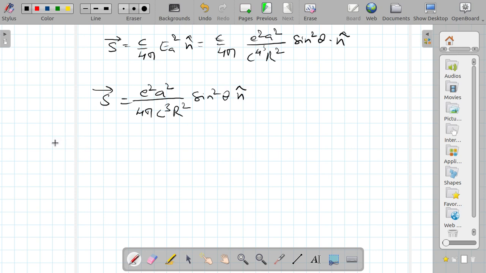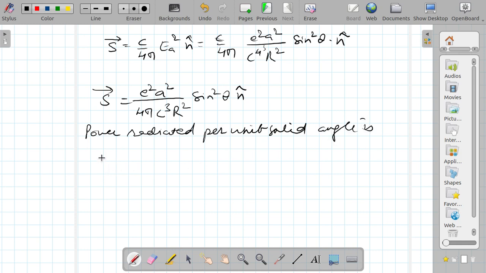Now we have to calculate the power radiated per unit solid angle. So power radiated per unit solid angle is defined as dP over d sigma. It must be equal to S dot n times R square.